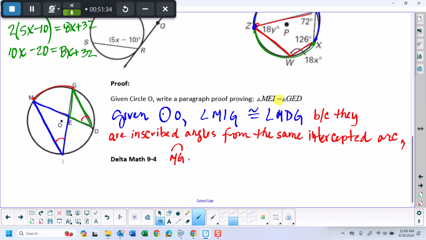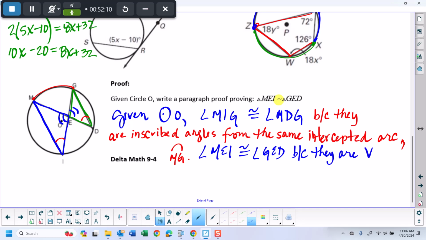Lots of choices here. What else do you know, David? So you have a couple choices here. David chose to do vertical angles. So he says that angle MEI is going to be congruent to angle GED because they are vertical angles.